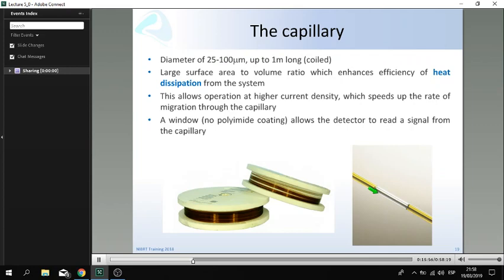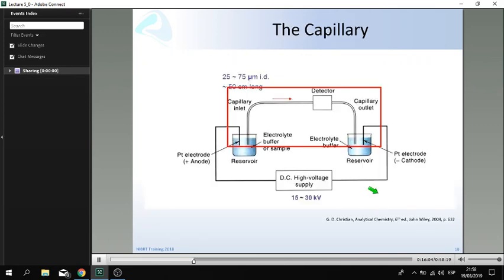This is a window that gets aligned with the detector on your system and allows you to read the signal from your capillary. If you look at this, you have your capillary put into your buffer reservoir and your sample reservoir.